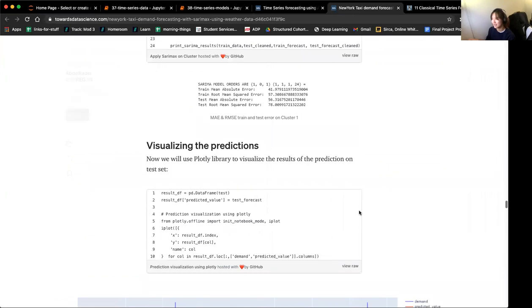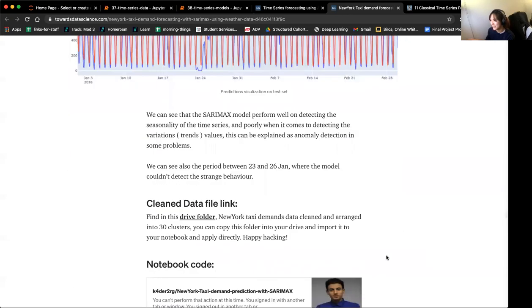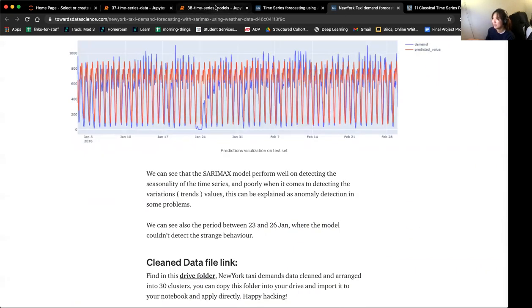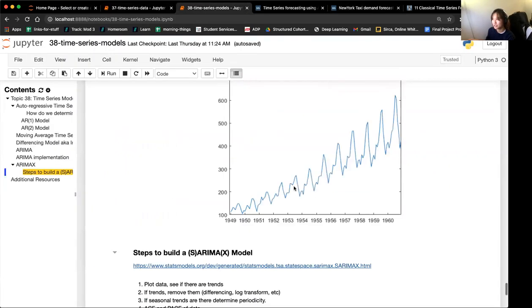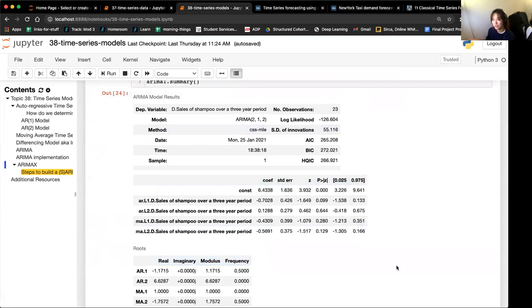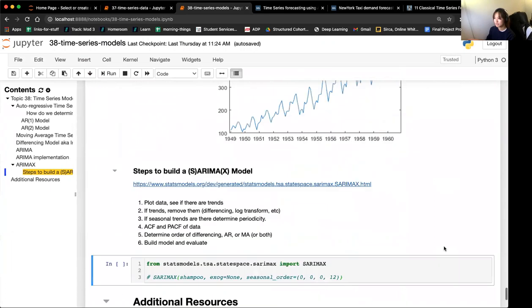Feel free to look through this. I think this is a pretty good walkthrough. They had an overall error of, I don't know, 78, and this is predicting, I think, taxi demand, which is pretty good. Whenever you have seasonality, that's also something that shows up in your coefficients.